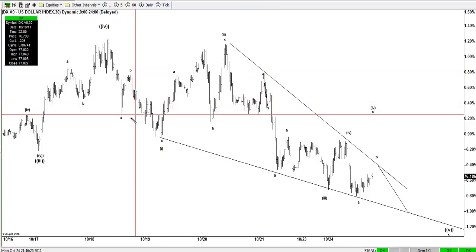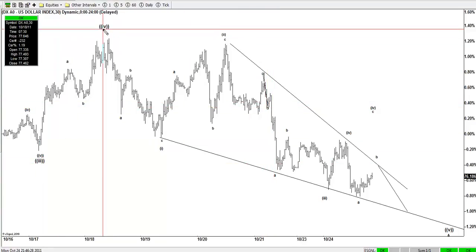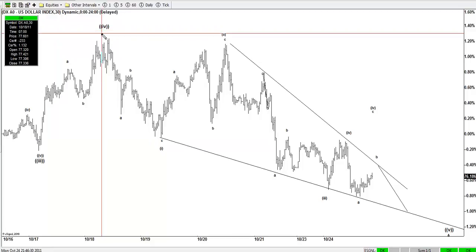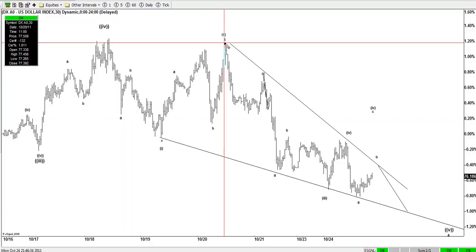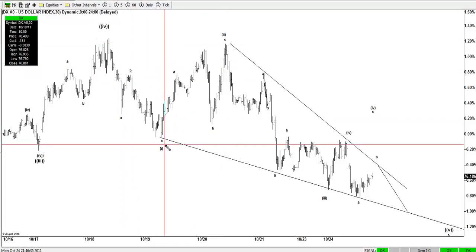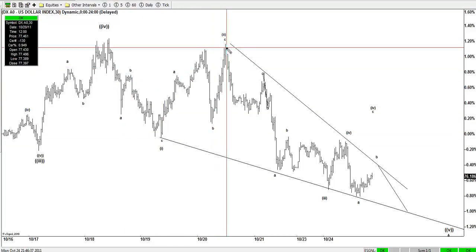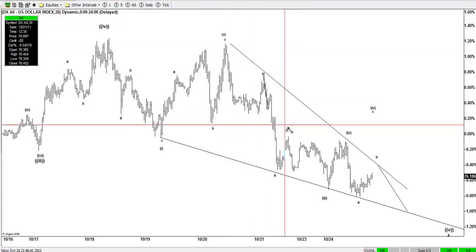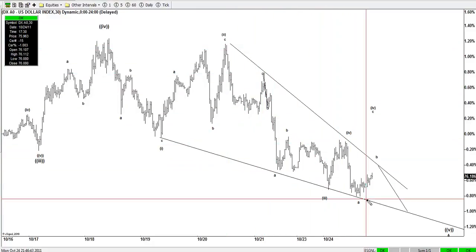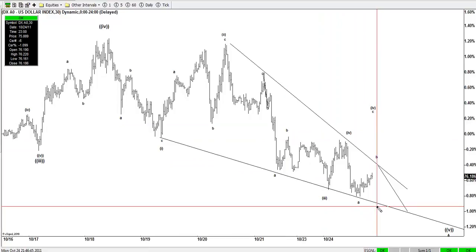Another one is that this is the B, and then you got a 1, a 2 in an irregular, where you got A, B, and C as a flat, and then you got 1, 2, 3, 4, and a 5, and that's the one that I say is the most bearish of all.